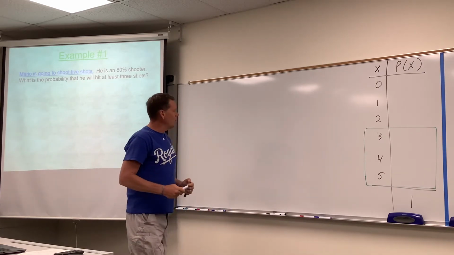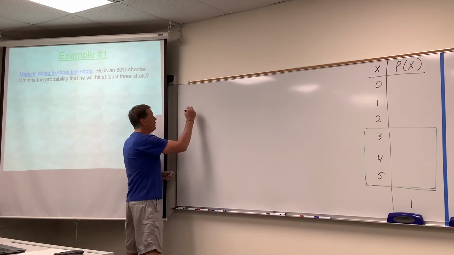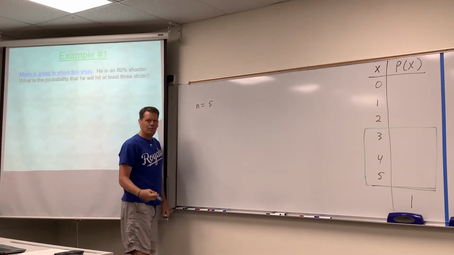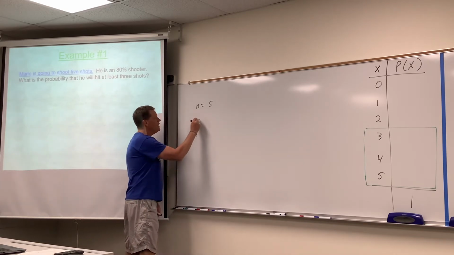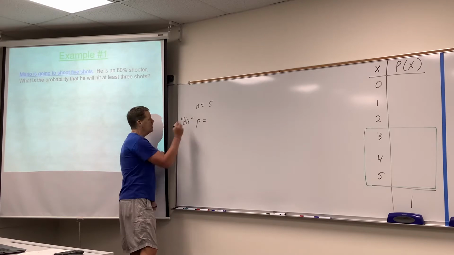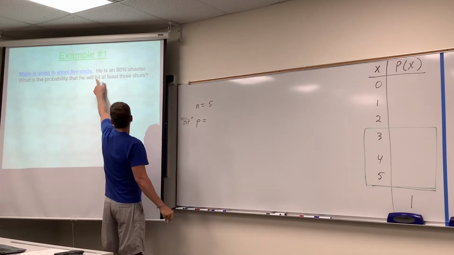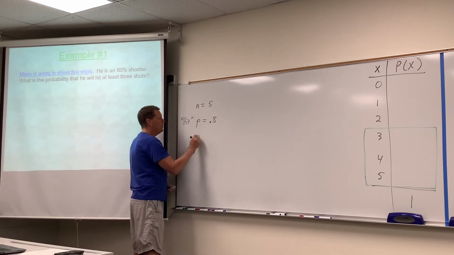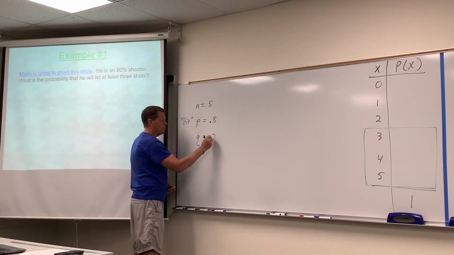As you might recall, we identify the fact that n, the number of trials, is 5. Mario's shooting 5 shots. And p, the probability of success, which is defined to be hitting a shot, is 80%, since he's an 80% shooter, and therefore his failure would be 20%.